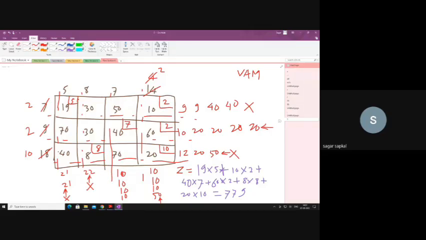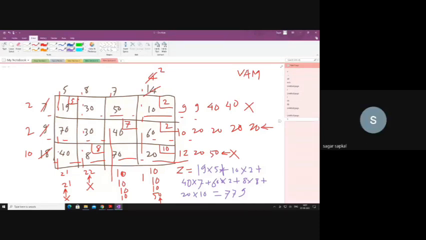Tell me, how many allocations are there? 6. 1, 2, 3, 4, 5, 6. Is it satisfying the condition m plus n minus 1? Yes, sir. So is it a degenerate solution or a non-degenerate solution?